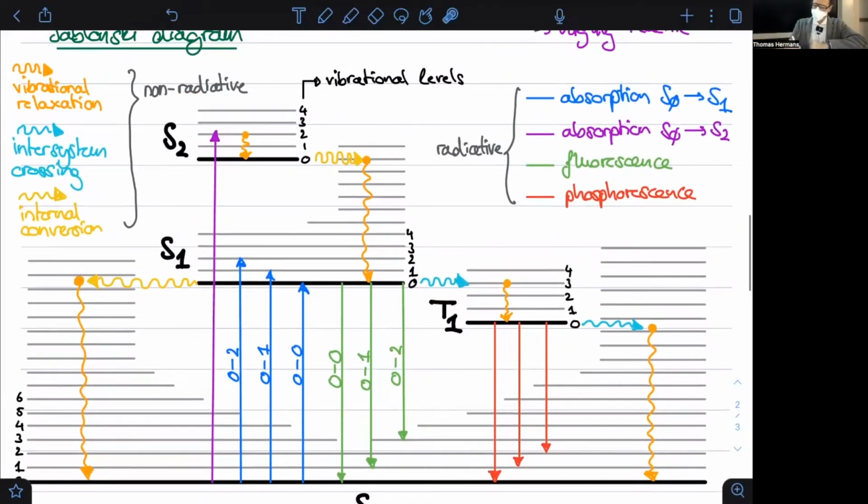So you can start by drawing these big lines here, and each level has these vibronic states, right? And what does it mean? What are these vibronic levels? I briefly talked about it last class. It's basically molecules are flexible, right?